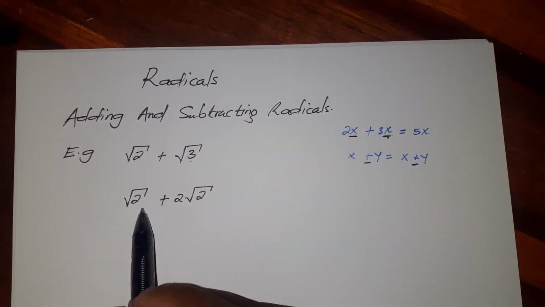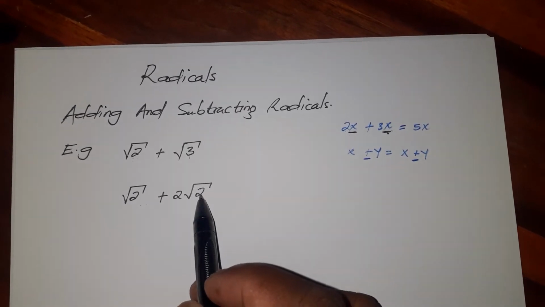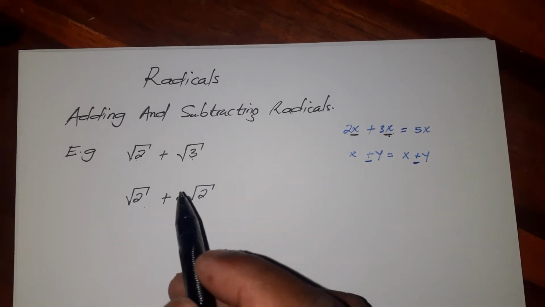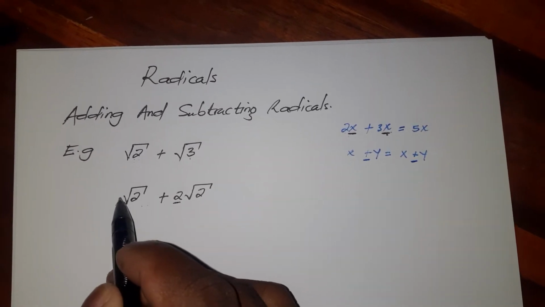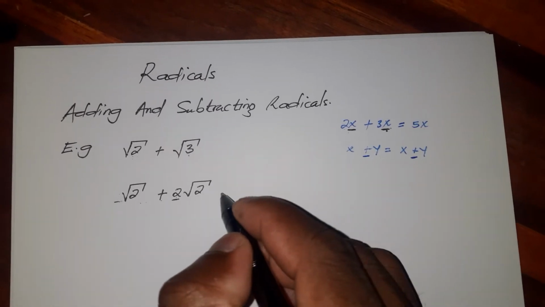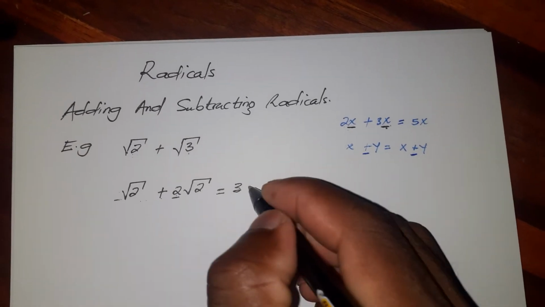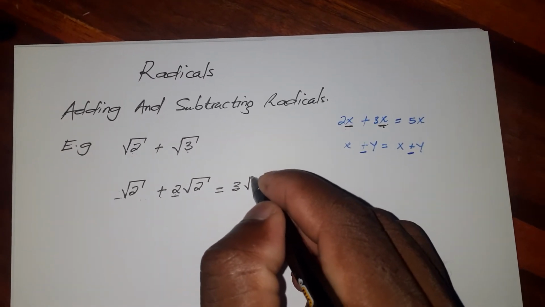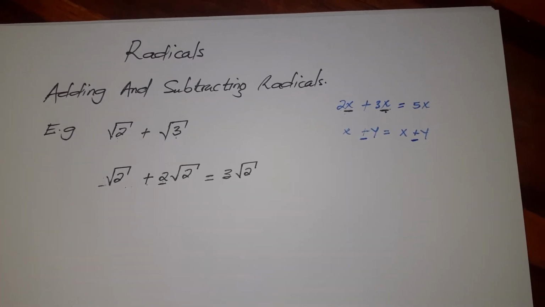Here, what is under the square root is 2, and here it is also 2. So we just have to add the coefficients of the radicals. Here we know it's 1. So 1 plus 2, we get 3, and then we write the square root of 2.